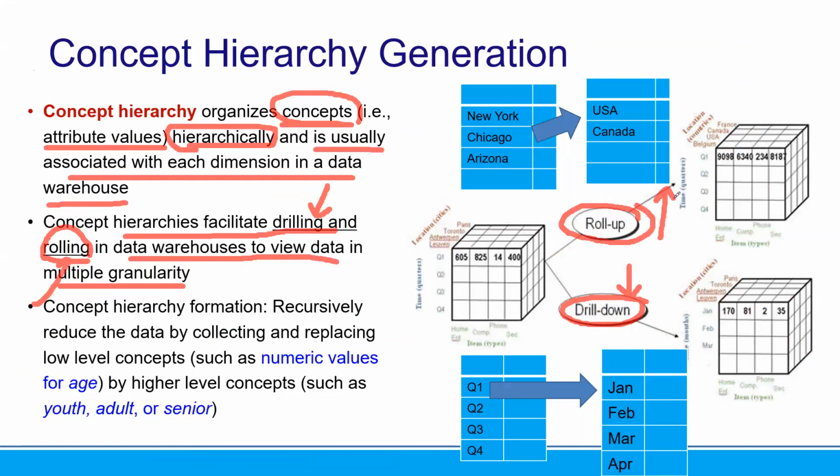Roll up means I want to get the higher level. Let's say I have the sales data in New York, Chicago, Arizona. So those cities are in the USA. Then I will put it in the upper level. So that's why we call it the upper. And drill down is go to the lower level.